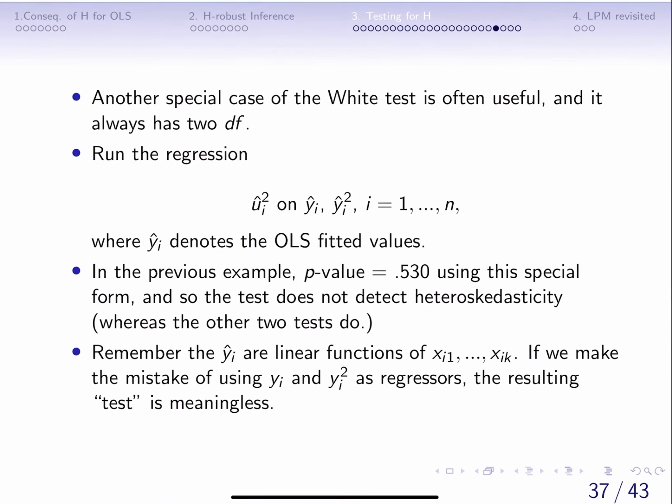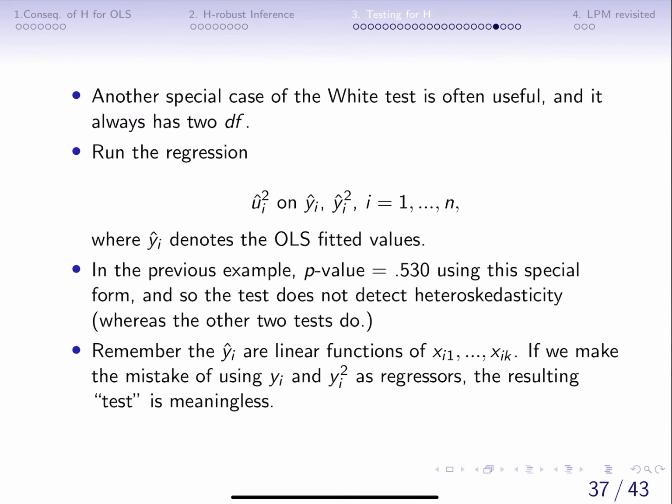So a special case of the White test tries to correct for that. And the way that's done is basically regressing your u hat square, the squared residuals, on the predicted value of y and the predicted value of y squared.